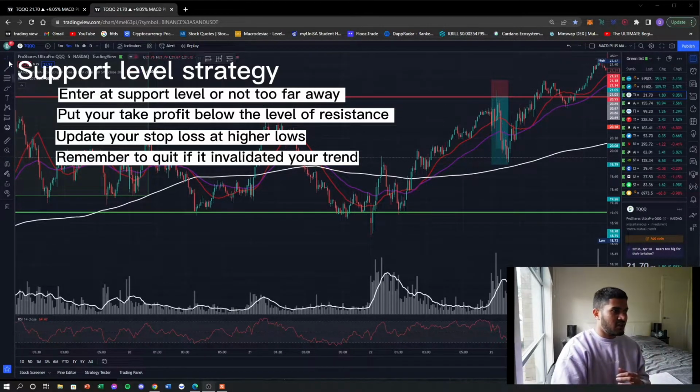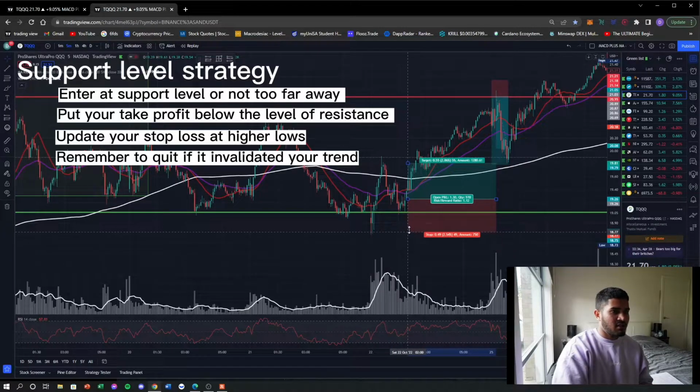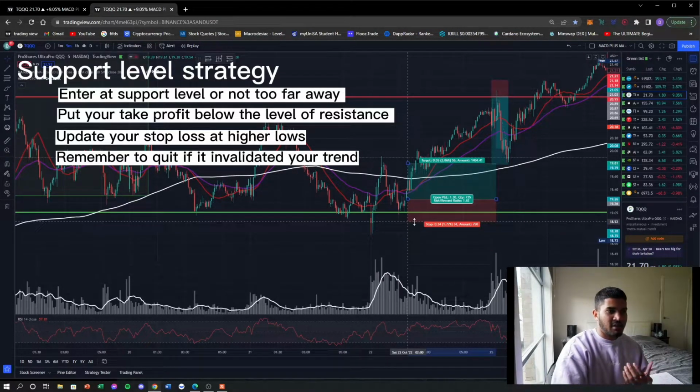What I would do is let's just draw that here. I wouldn't enter right on that support level. I do need some proof, so I'll make sure and put in my entry somewhere around here, and then I would put my stop loss. I wouldn't put it down here because it would not make sense, as my stop loss would be massive.